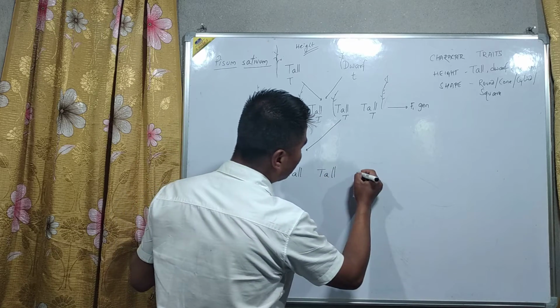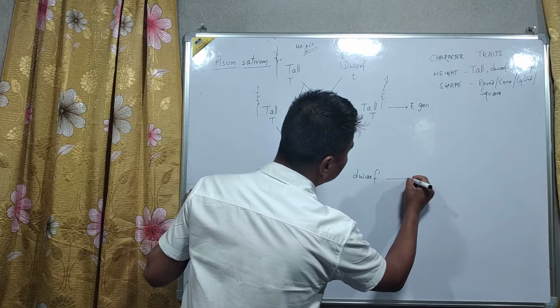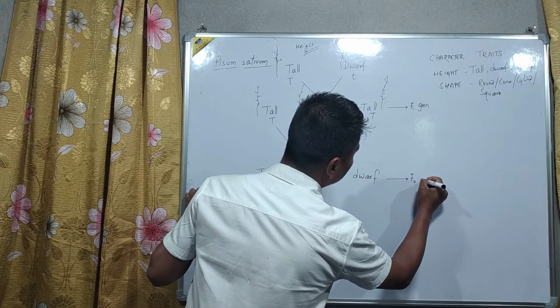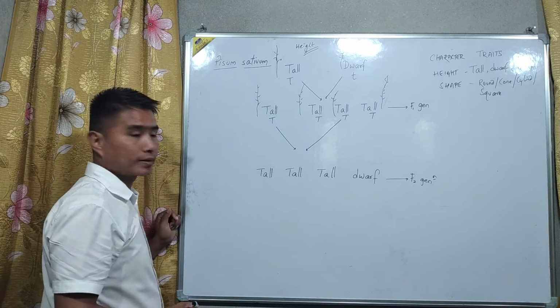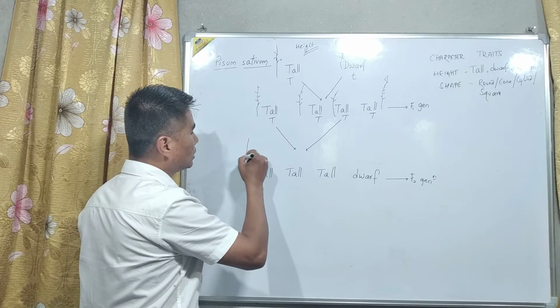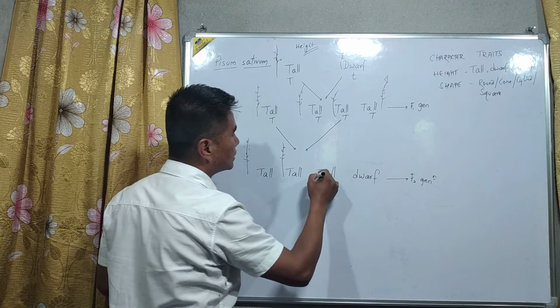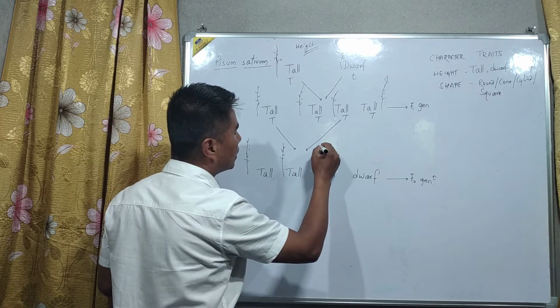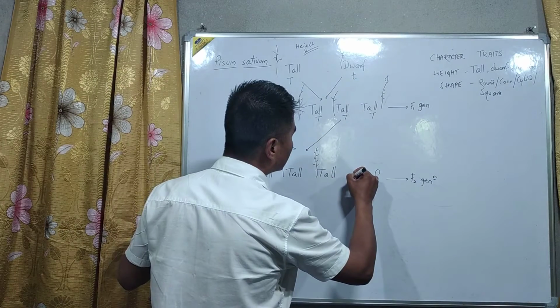But along with the tall plants, he found some of the plants to be dwarf in the F2 generation. Here Mendel was confused. By crossing the tall plants, as expected, Mendel found plants to be tall, but along with them a dwarf plant was also found.